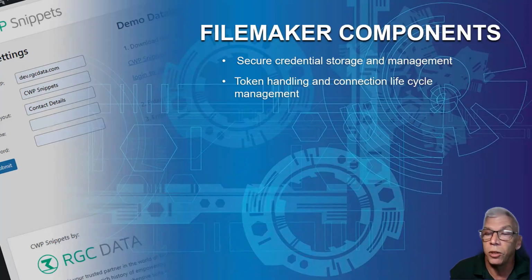If you're not familiar with using the Data API, when you reach out to FileMaker, the FileMaker server gives you back a token. That token has a life cycle of 15 minutes. Within that 15 minutes, if you reuse it, it resets the clock. So the plugin, CWP Snippets, has all of the functionality to be able to manage that process, to get that token and reuse it and manage the life cycle.